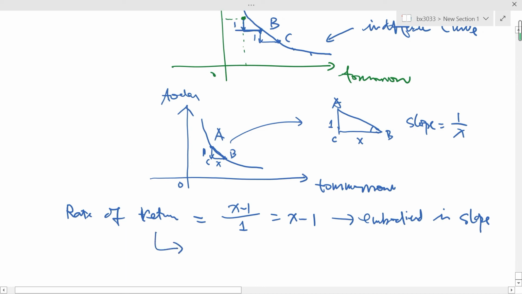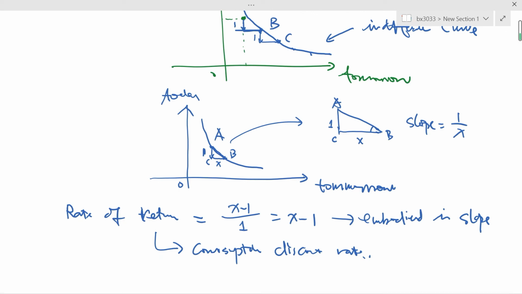And we call this rate of return, we can use this as the consumption discount rate. Okay, that's the discount rate from the consumption side, in addition to the production side.